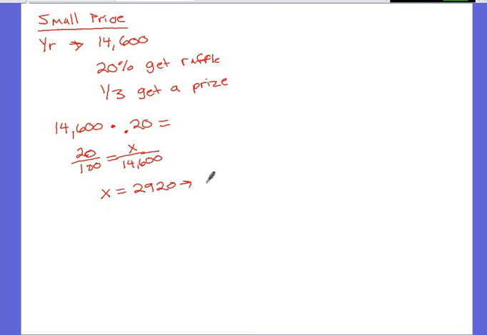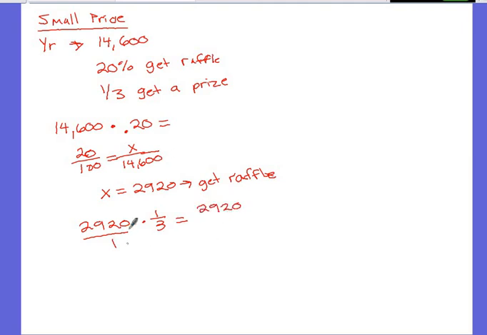Well, I'm going to tell them that these get raffle tickets. Now I need to multiply this number times 1/3. This is a whole number. To multiply fractions, whole numbers are understood to be over 1. Multiply straight across. 2920.